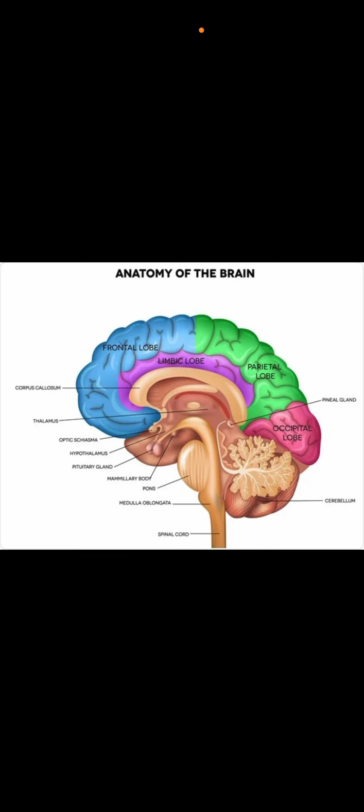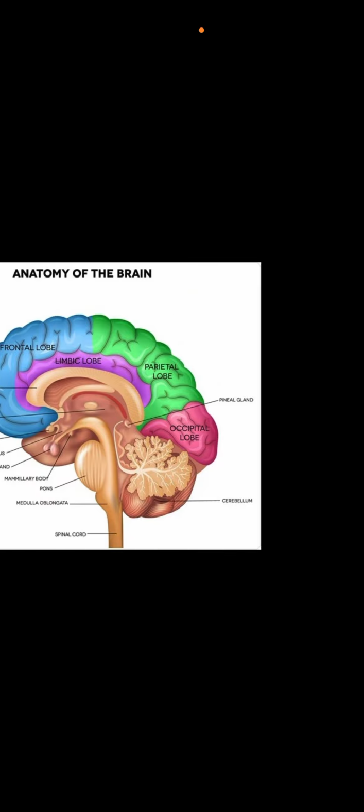And then right below that is the actual spinal cord. Right beside the medulla oblongata is the cerebellum. And then right above the cerebellum is the pineal gland. It's this very little dot that is near the thalamus.